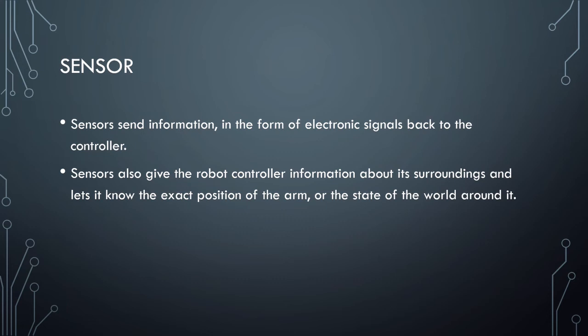So think of that kind of closed feedback loop, right? The sensor can tell the controller exactly where the arm is spatially or what's going on around it. So sensors are absolutely necessary for the controller to have that information, to see where the machine is at, what's going on around it, so it can process that information into different outputs.